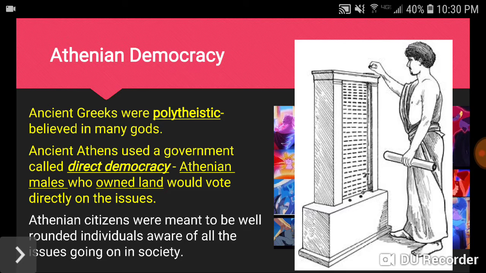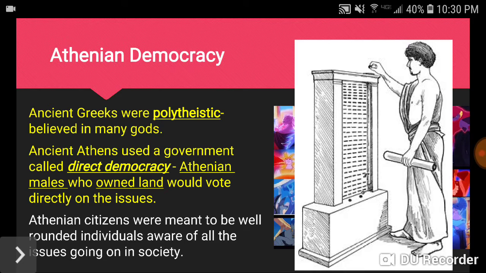So essentially what would happen is any voting male could go out to this big hill in ancient Greece, and they would listen to the different topics being discussed. Then the ancient Greeks would literally have any male who owned land go and vote and say, yes, we agree with these decisions, or no, we don't agree with this decision.